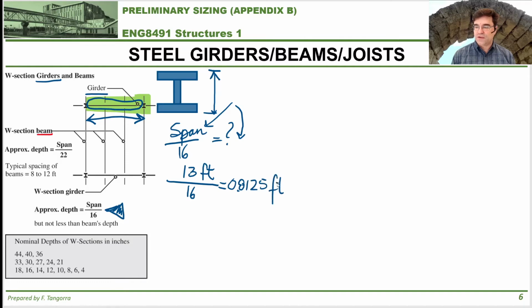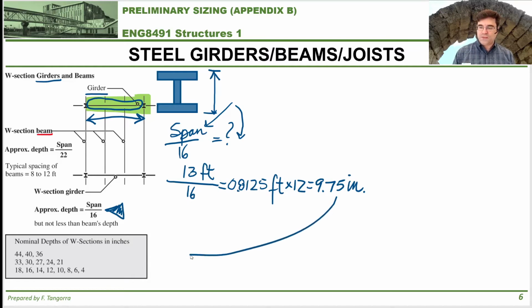Because the answer is going to have the same units as the span. Now, when using imperial units, you actually want to get that in inches because that's typically how it's done. So you multiply that by 12 to get 9.75 inches, okay? And then you're going to use the values that are provided for you in Appendix B to then find the closest depth of a W section.